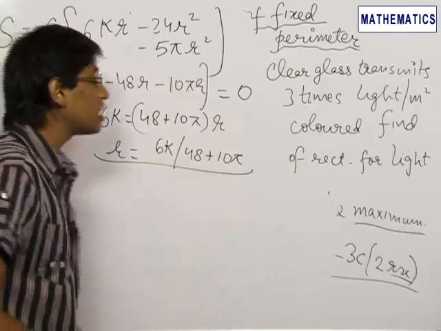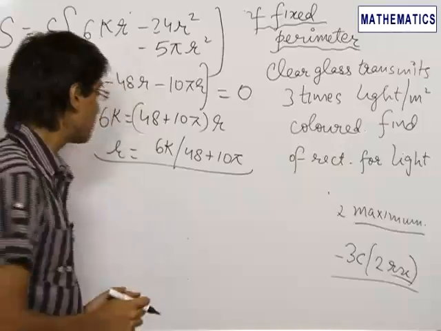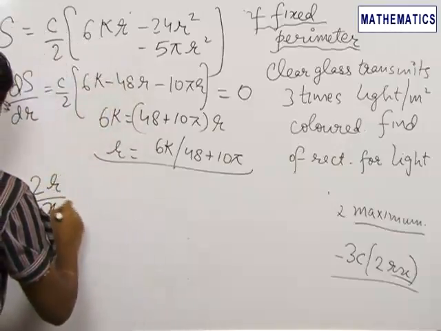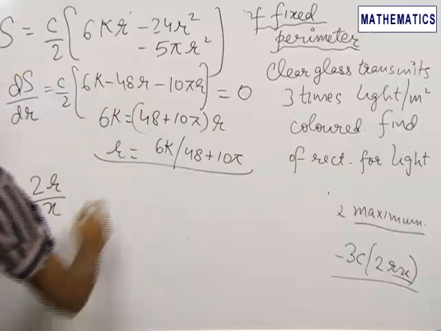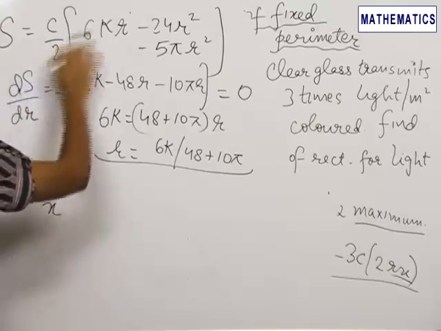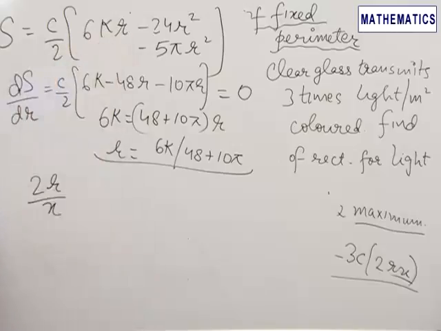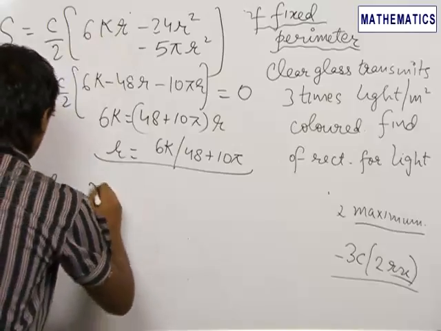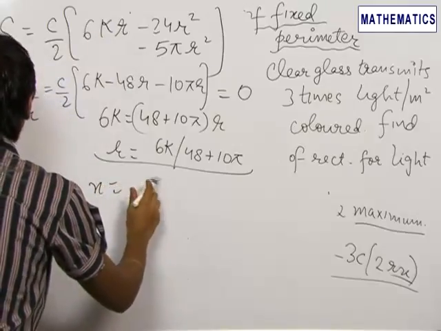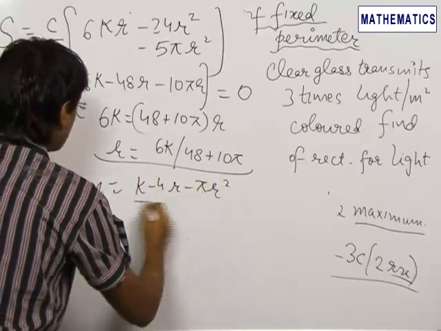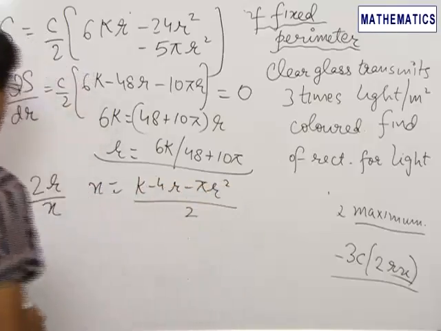Now we need to find the ratio of the sides of the rectangle. The ratio of sides is 2r upon x. We have got the value of r by differentiating S with respect to r and putting it equal to 0. Now we need to find x, and we knew that x was equal to k minus 4r minus pi r square by 2.